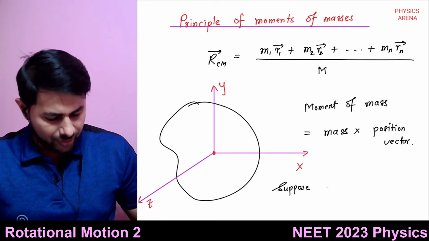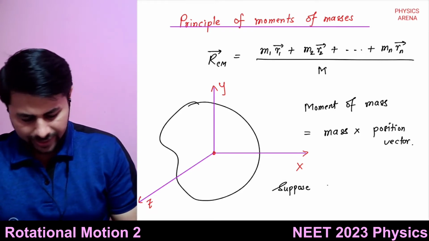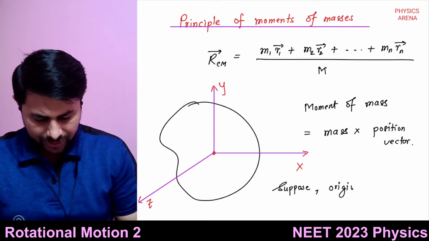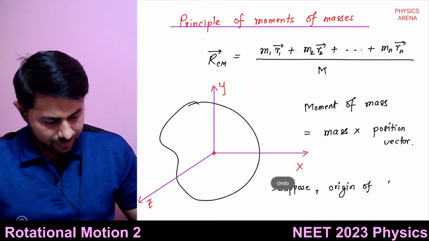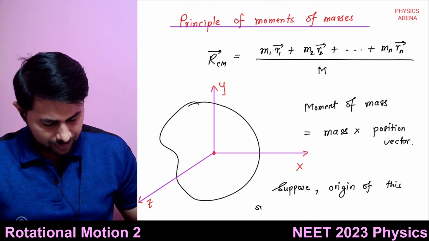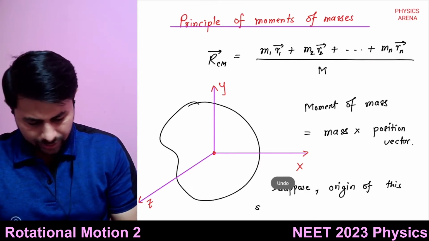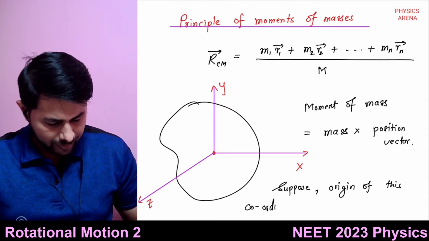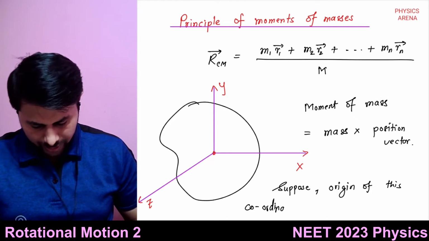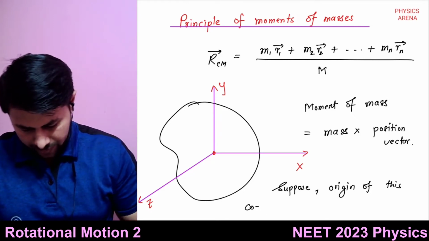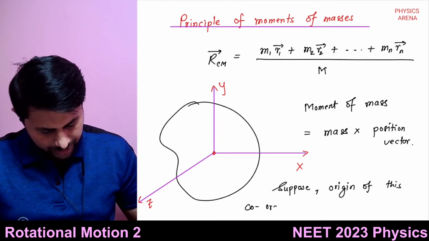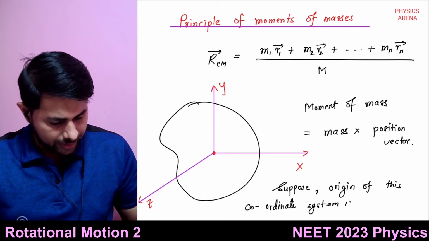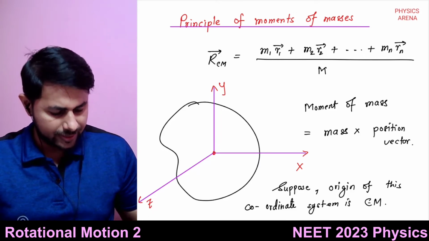Suppose the origin of this coordinate system is the center of mass.